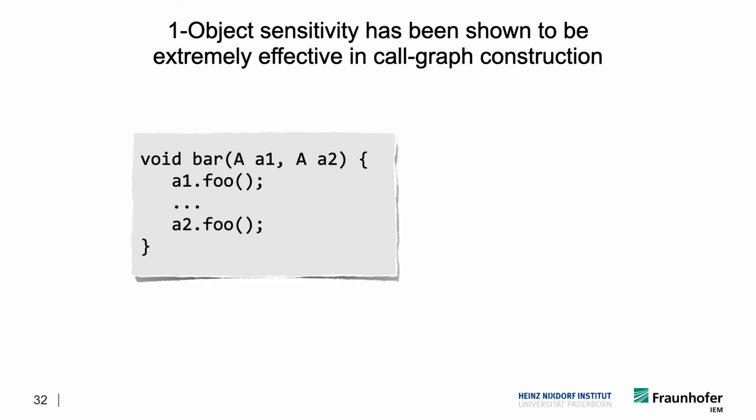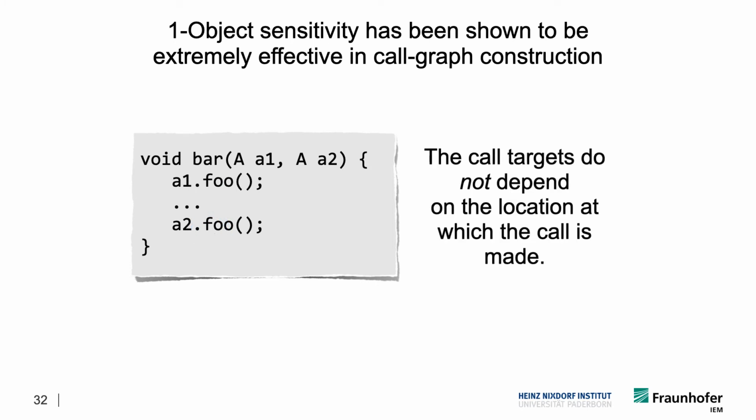Now, there are some interesting empirical papers that show that even just one object sensitivity can be extremely effective during call graph construction. Why is that? Let's take a look at such a procedure here. Let's assume we have two potentially different objects here, and we call foo on the one object and then foo again on the other.